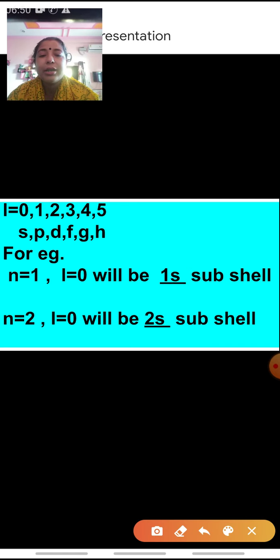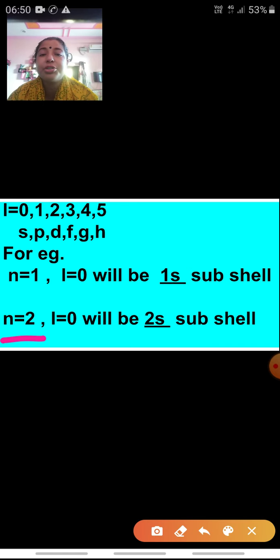Similarly, if the value of n is 2, that is the principal quantum number is 2, then the value of l will be 0 and 1. Suppose the value of l in this case is 0, then it will be 2s. That means the principal quantum number is 2 and the subshell is 0. 0 corresponds to s.